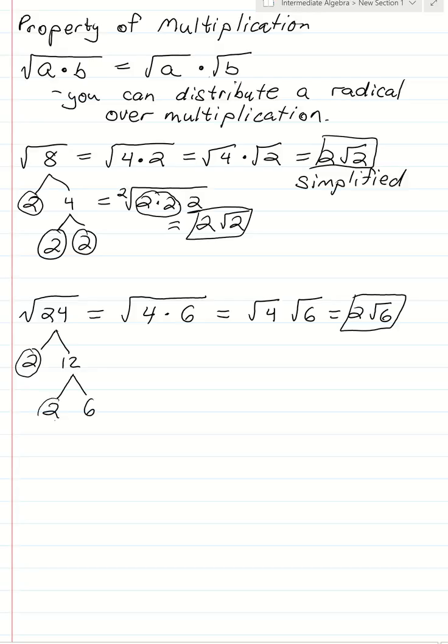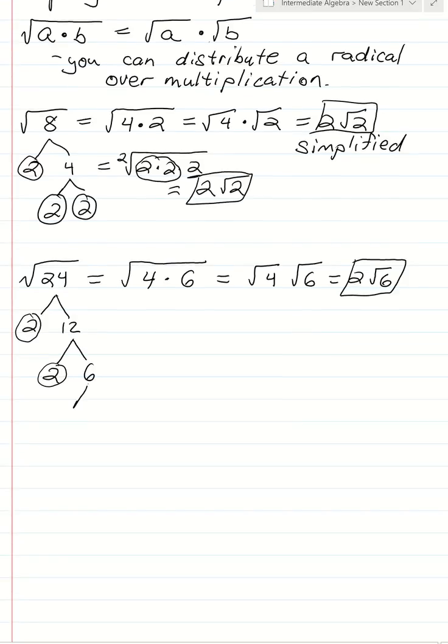Okay. 2 is prime, but 6 is not. So let me factor down the number 6. And I'll once again use 2 and 3. 2 is prime, 3 is prime. So I can't break that up any further.